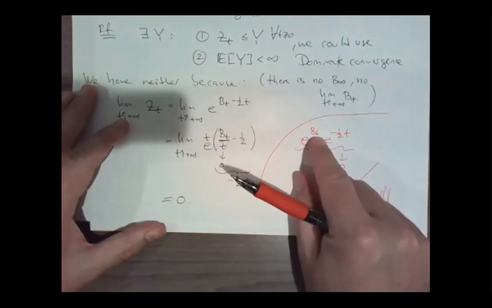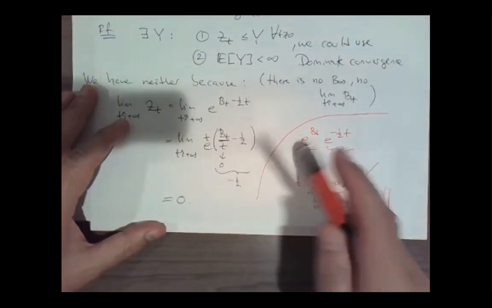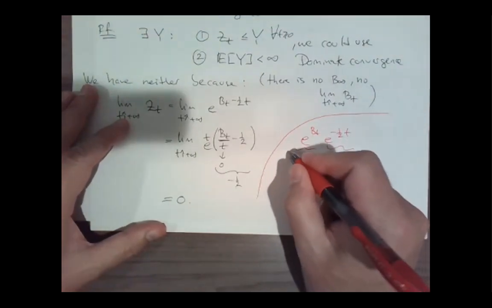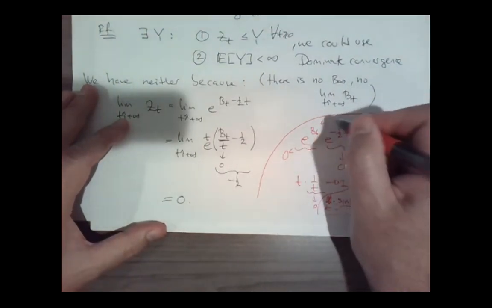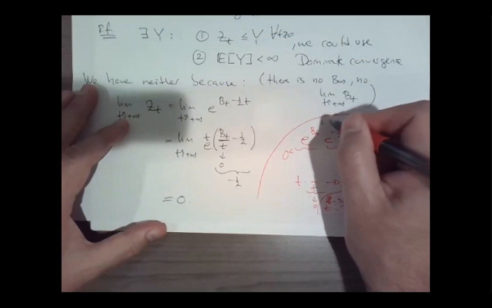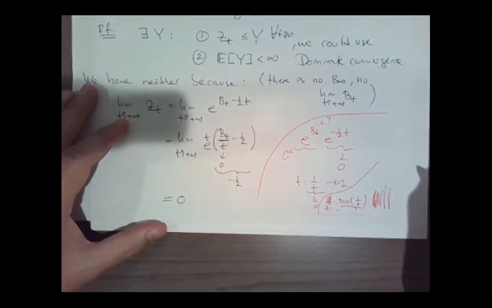It's bounded from below, e to the bt is bigger than 0, but there's no upper bound. There's nothing up there.